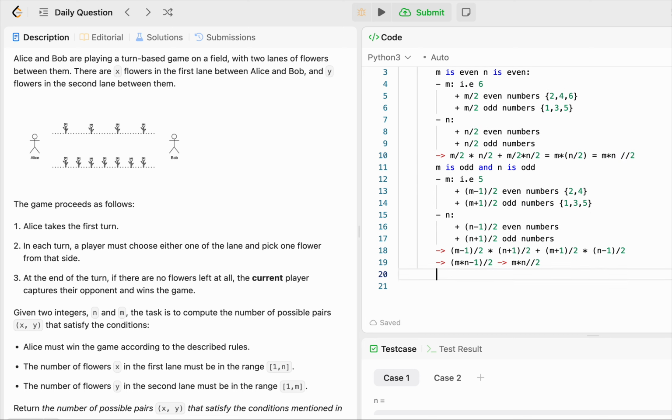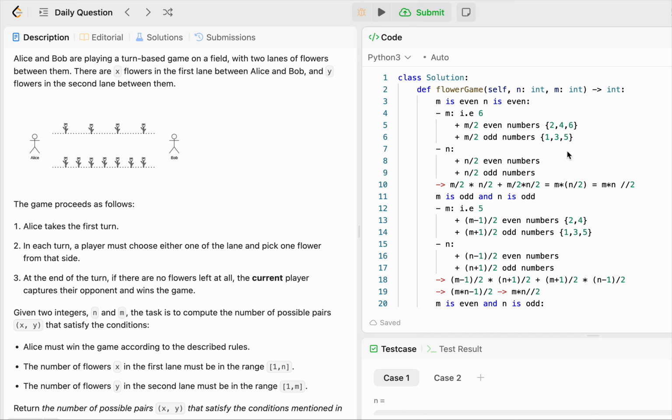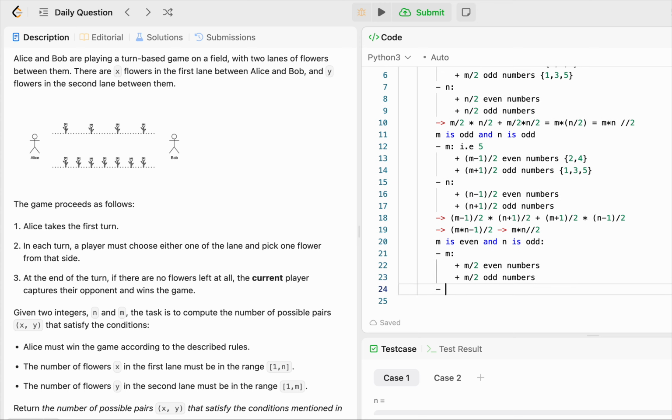So the last case is that m is even and n is odd, right? So here we can see that for the m, if the m is even, we have to consider that the m by 2 are even numbers, and there are also m by 2 odd numbers, right? So how about for the n? For the n, we have these things, right?